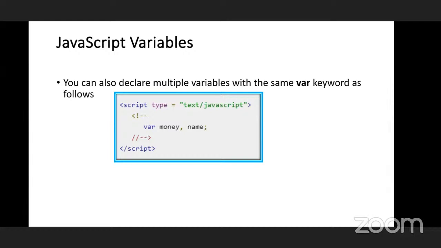Observe the code: var space money comma name semicolon. But if you want to declare the variables in multiple statements, you must use var for each and every statement. That is compulsory.